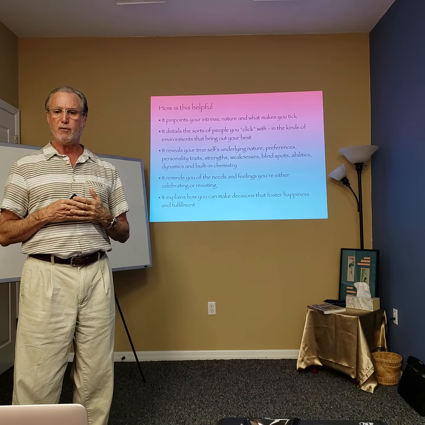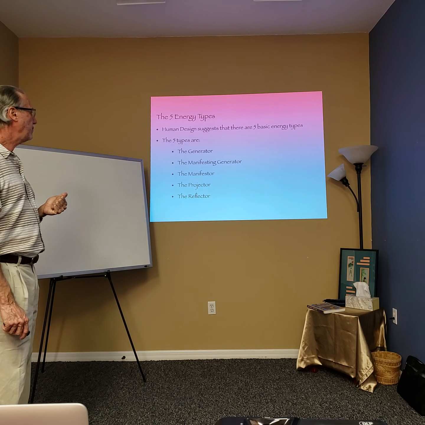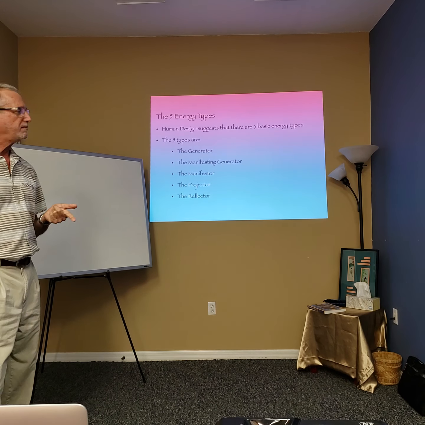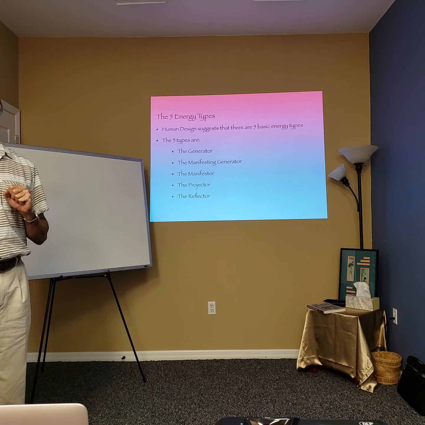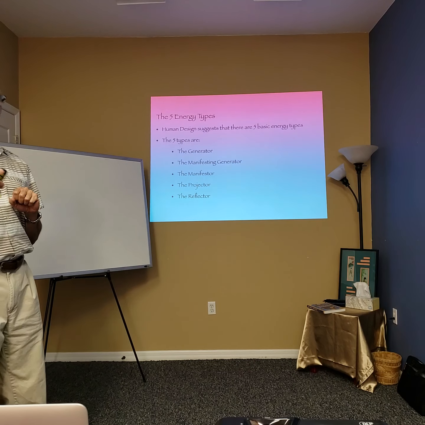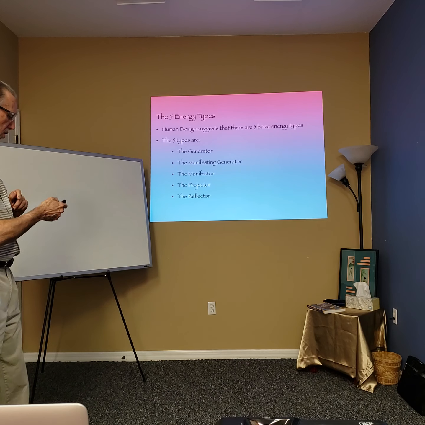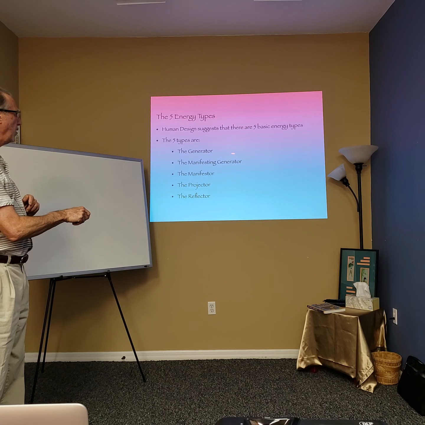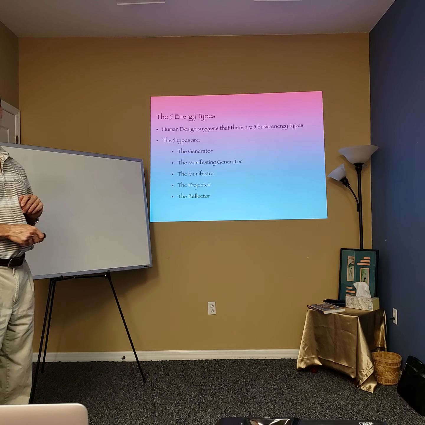So what are the 5 types? The generator, the manifesting generator, the manifestor, the projector, and the reflector. The sheet that I gave you, that we'll talk about in a second, has 4 because these 2 here are generally linked together. They're both generators.